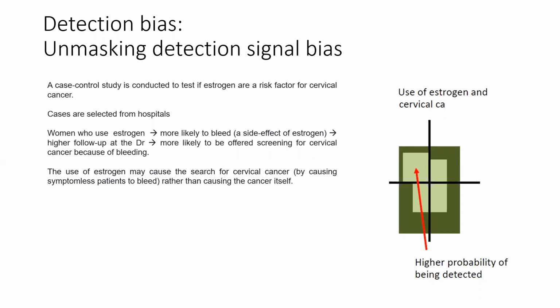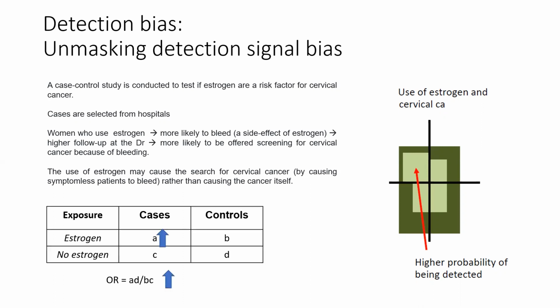People who are exposed, people who are taking estrogen, have a higher likelihood of being diagnosed with cervical cancer. So the first cell, which is exposure and cervical cancer, is going to be an overrepresentation of the general population. And in this case, my odds ratio is going to be an overestimation.